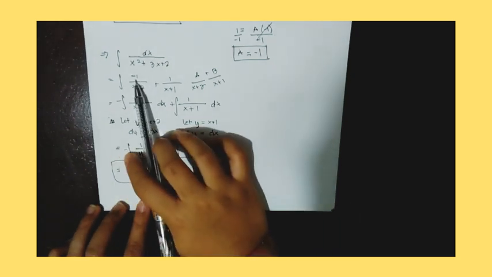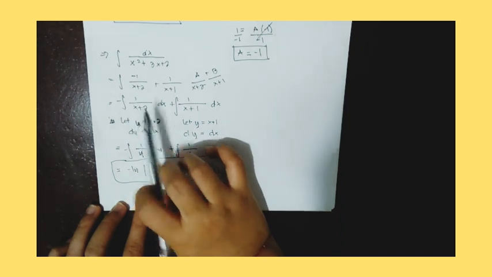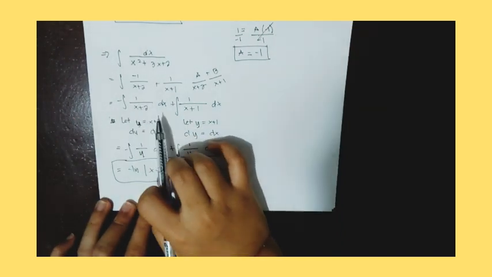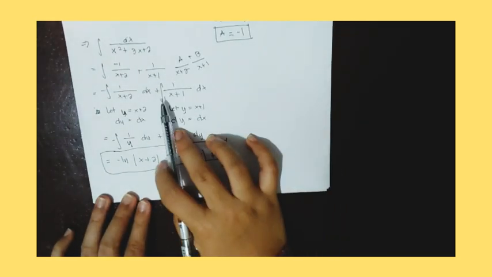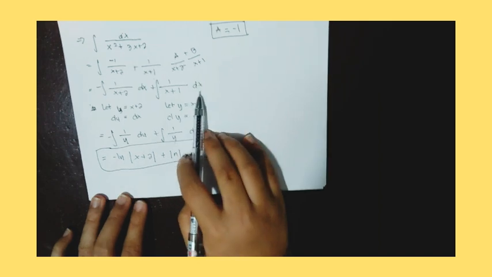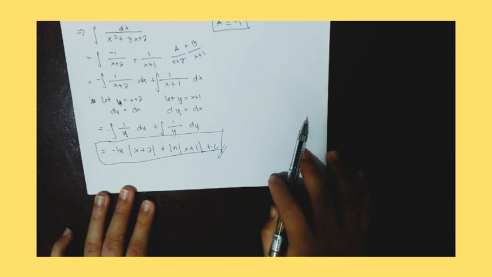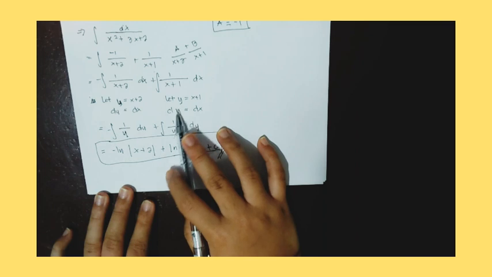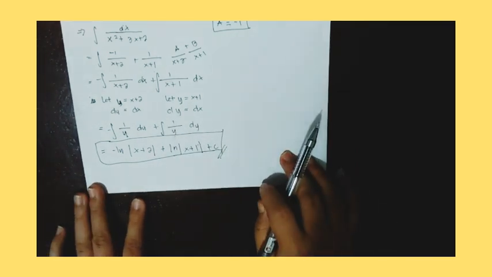The negative 1 came from A, and the 1 came from the value of B. The negative we take out of the integration: negative integral of 1 over x plus 2 dx plus integral of 1 over x plus 1 dx. Let u equal x plus 2, du equals dx. Let y equal x plus 1, dy equals dx.